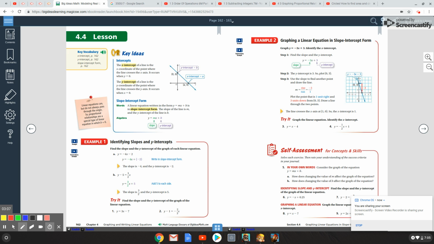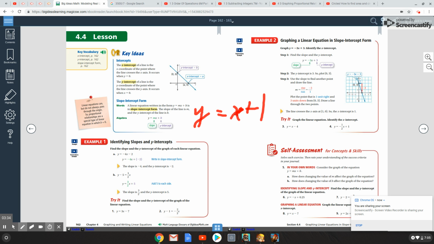Now we move on to example 2, which is graph negative 3x plus 3 and identify the x-intercept. For our y-intercept seems pretty easy to calculate. But the way to calculate x-intercept, if we had the equation y equals x plus 1.